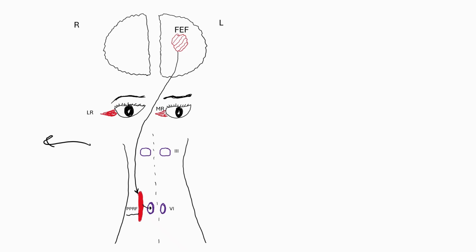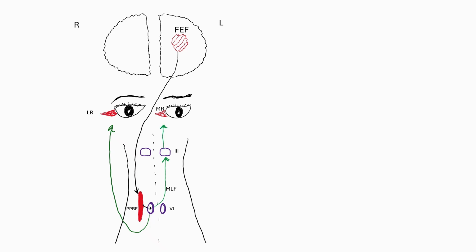From the PPRF, a neuron arises which supplies the sixth cranial nerve nuclei, or the abducens nerve nuclei, on the same side, that is the right side, and then via the sixth cranial nerve, the lateral rectus of the same side gets stimulated. Now, from the sixth cranial nerve nuclei, another fiber arises called the medial longitudinal fasciculus, which crosses over and supplies the third cranial nerve nuclei of the other side, that is the left side.